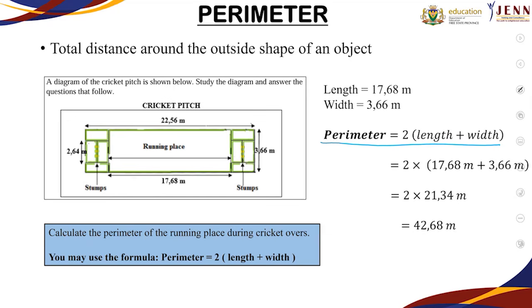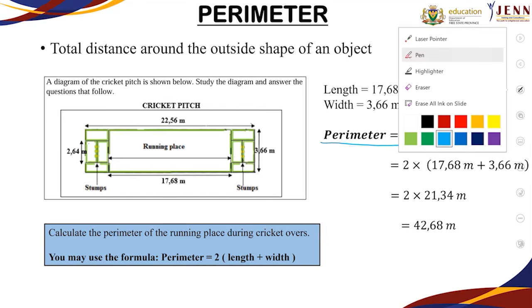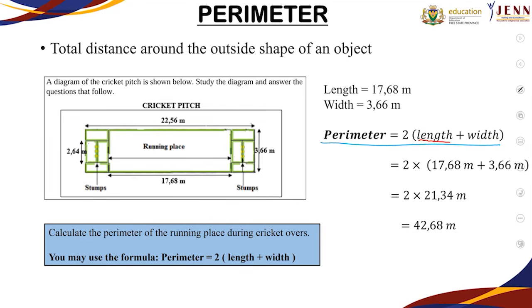So then I ask myself, what do I need in my formula? My formula requires length, and it also requires width. So I go to my drawing. So where is my running place? So this is my running place that the question is talking about.